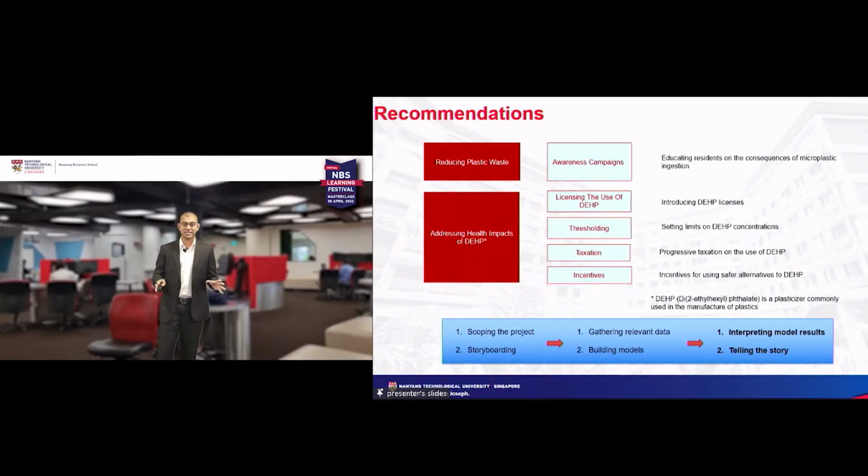Our recommendations are split up into two main areas. The first would be reducing plastic waste, and the second set of recommendations address the health impacts associated with the harms of DEHP. DEHP is a plasticizer commonly used in the manufacture of plastics, and plenty of research has been done showing direct relationships between DEHP consumption and obesity rates in children.